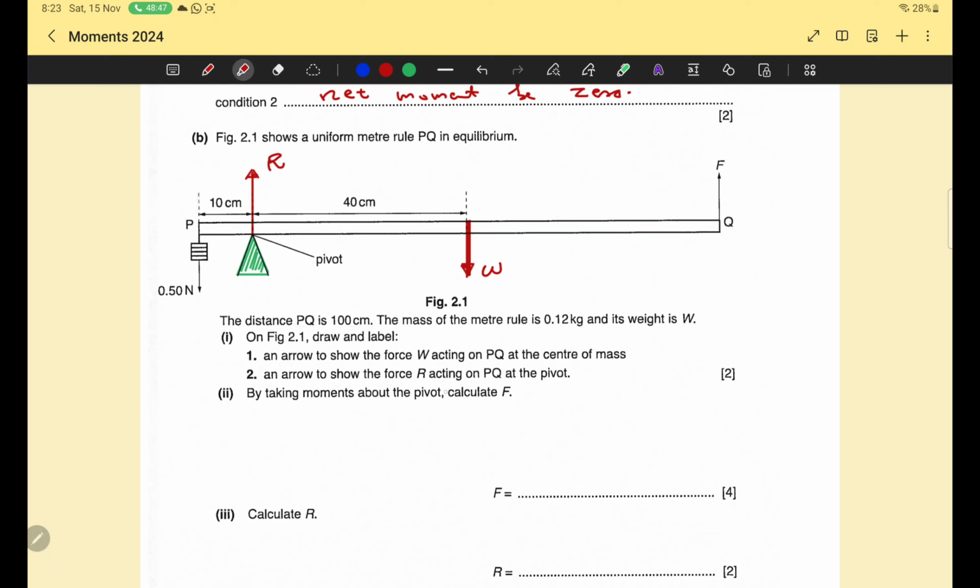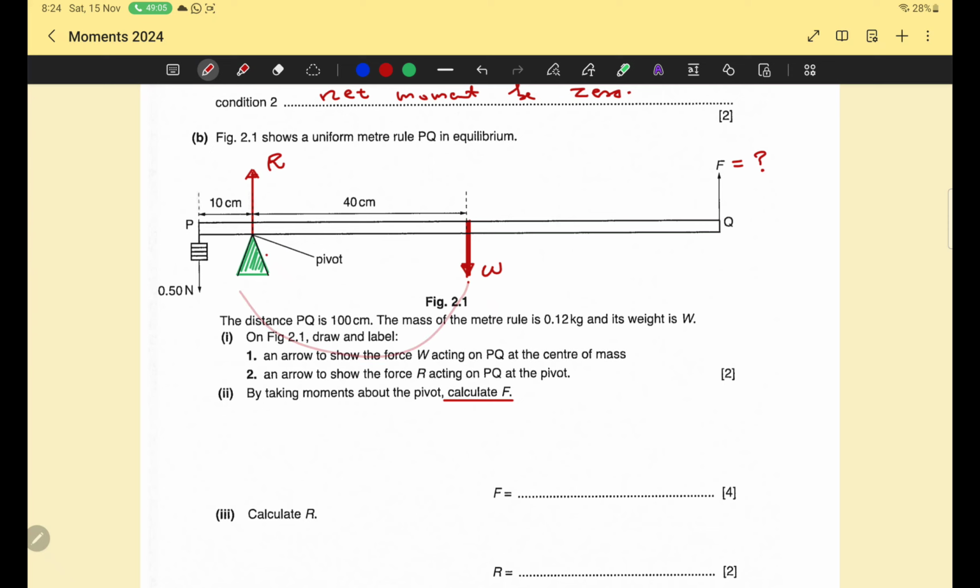The first part of the question: taking moments about the pivot, calculate F. It means we have to calculate this F. Okay, and now I am explaining to you. So this is the pivot.